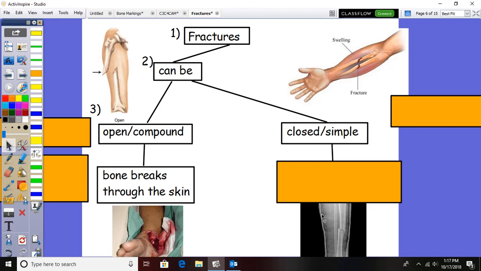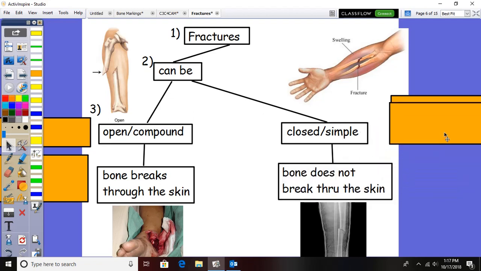Now here you see it on an x-ray, the bone is not breaking through the skin. So yes, the bone is definitely broken according to this x-ray, but it's not breaking through the skin. So we call that a closed or simple fracture. So one way we can classify fractures is either as open or compound, meaning the bone broke through the skin, or closed/simple, which means the bone did not break through the skin.